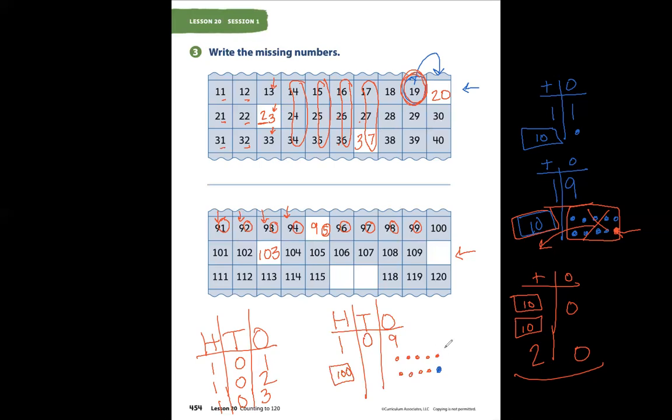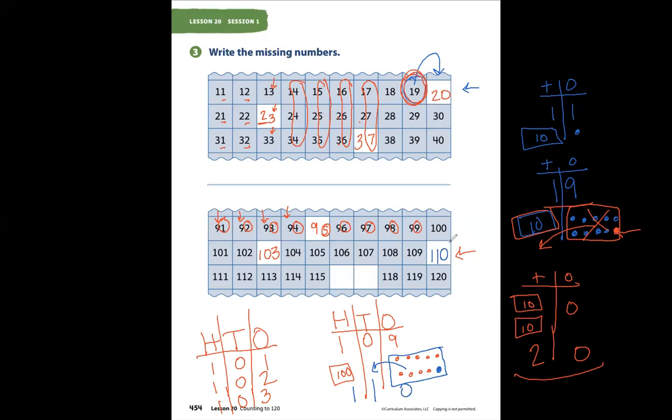But what happens? We made a group of 10. We no longer have 9 ones, we have 10 ones, which means I have to move it into the tens place. So now I have one group of 100, 1 ten, and 0 ones. So after 109, the next number is one group of 100, 1 ten, and 0 ones.